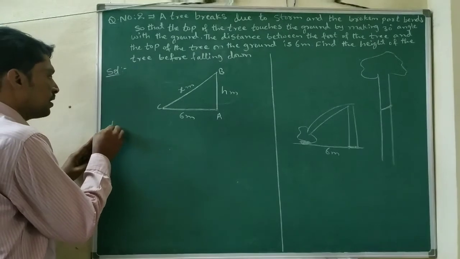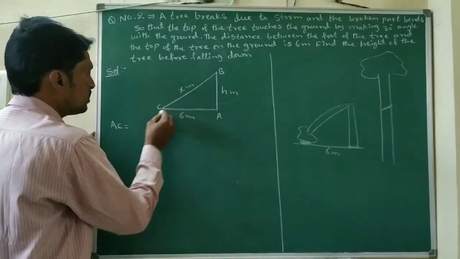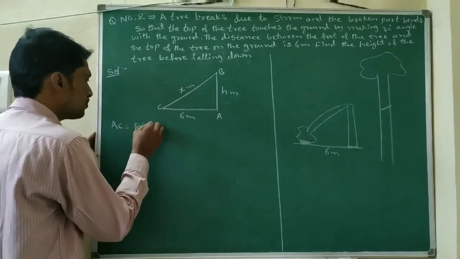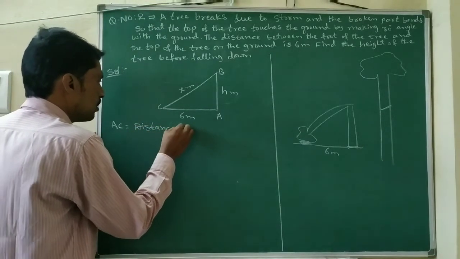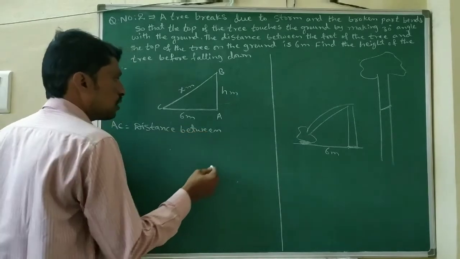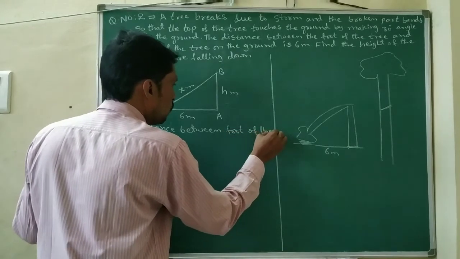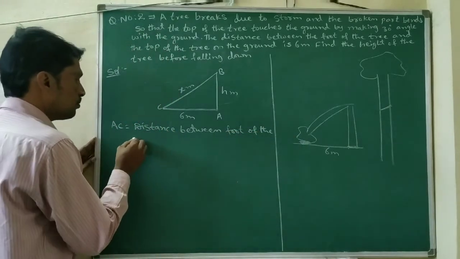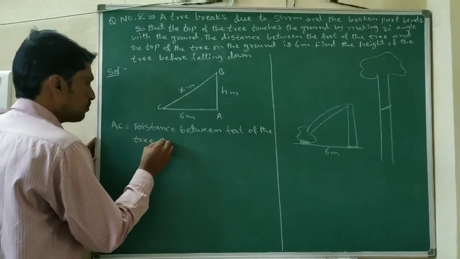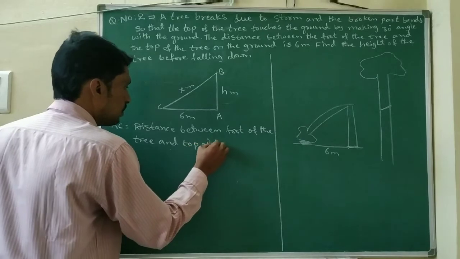Now I am taking AC. What is AC here? Distance between the foot of the tree and the top of the tree.